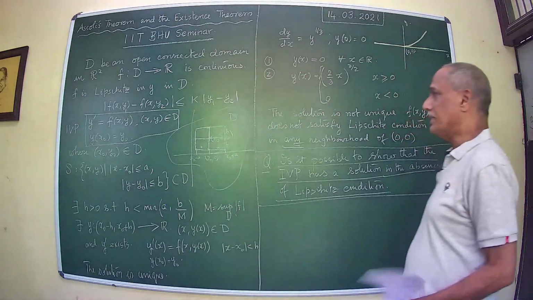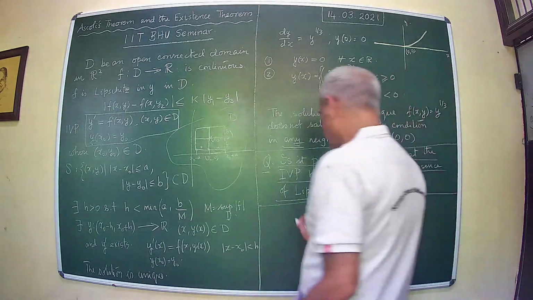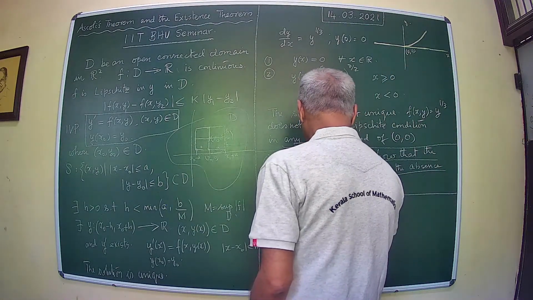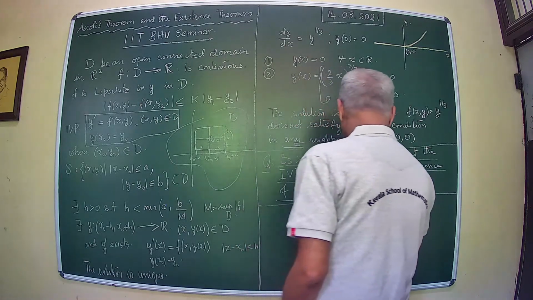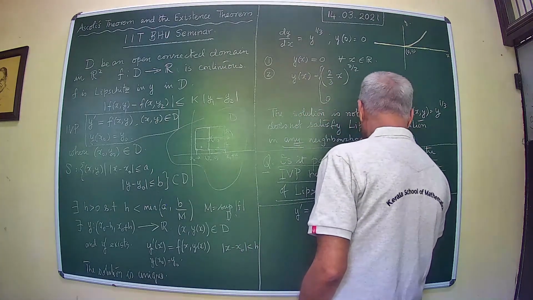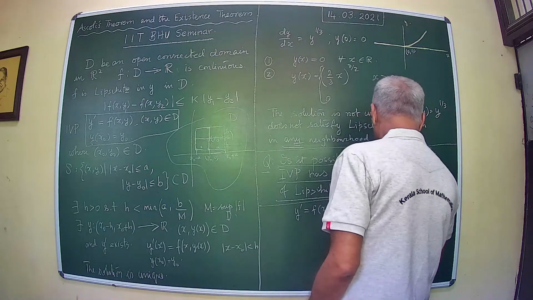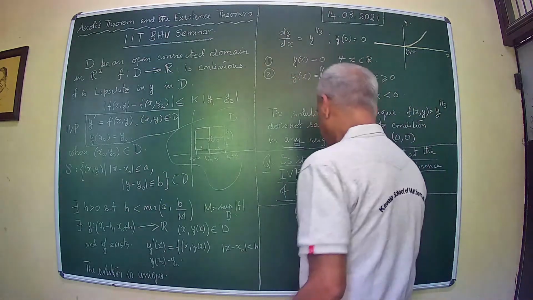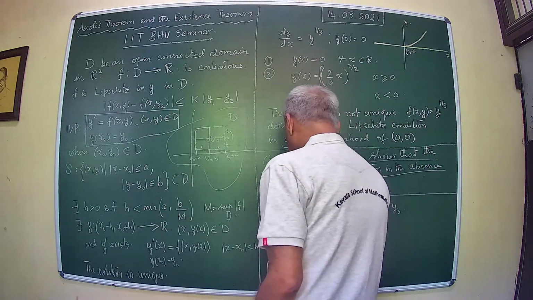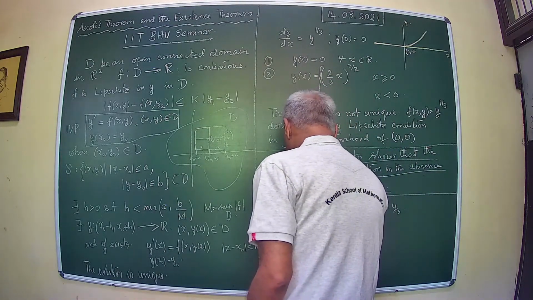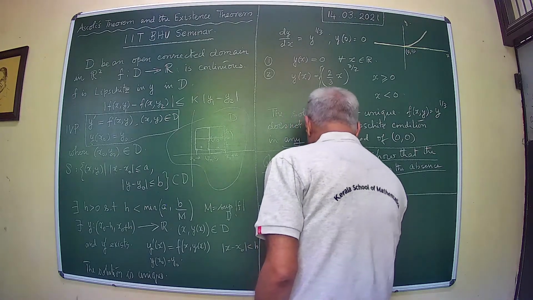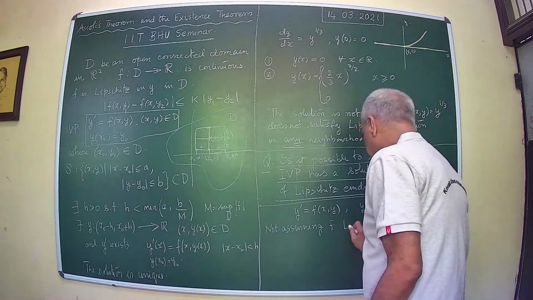Right. So we start with our problem. y' = f(x, y), y(x naught) equal to y naught, with all those conditions defined there, not assuming the Lipschitz condition on the function f.